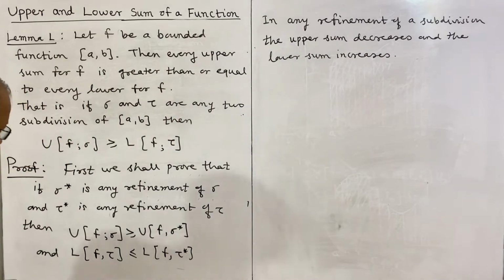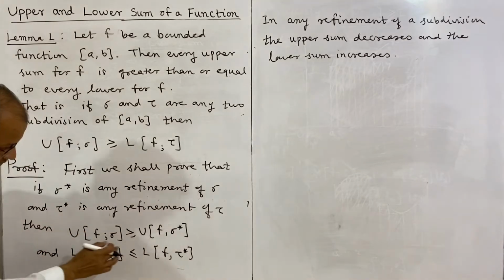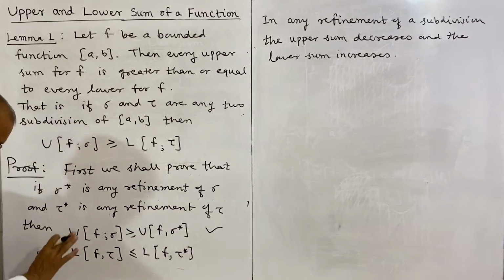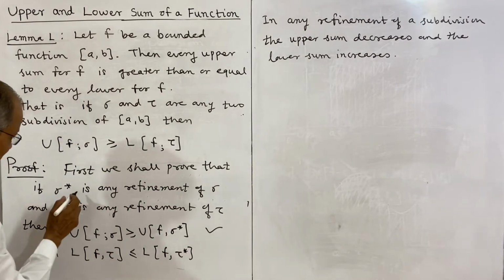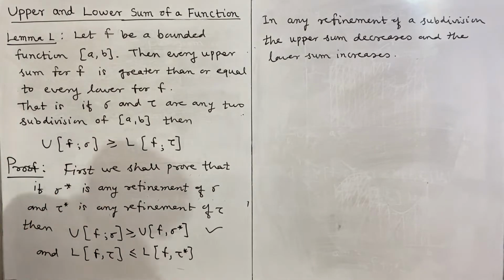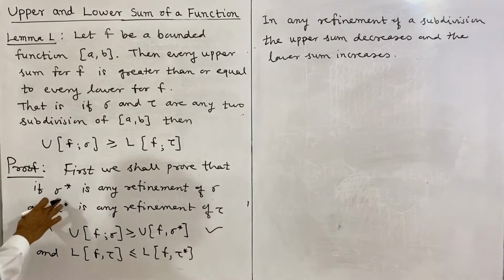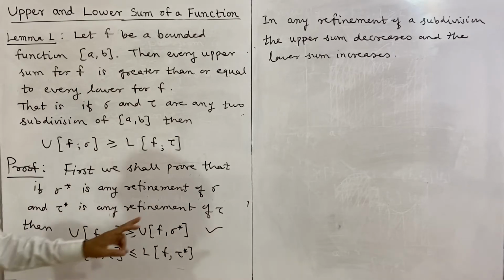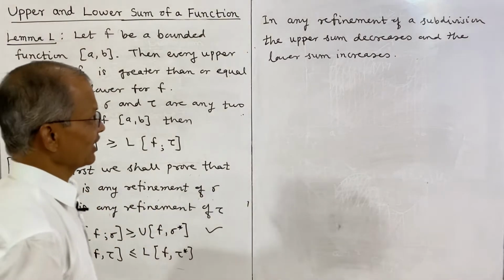Now we shall consider refinement for sigma first. We shall prove this result, and similarly the other will follow. Here what is to be considered is that sigma star is a refinement of sigma, and let sigma star be obtained by adding one point of division. Only we will add one point in sigma, and that will become a refinement.